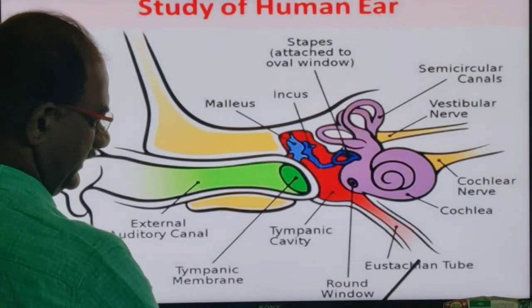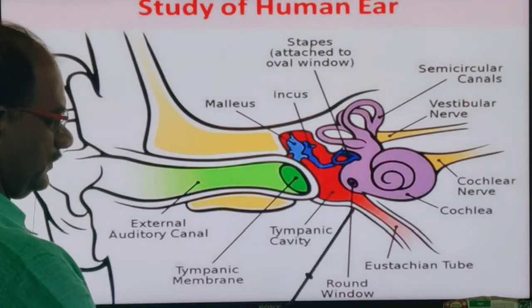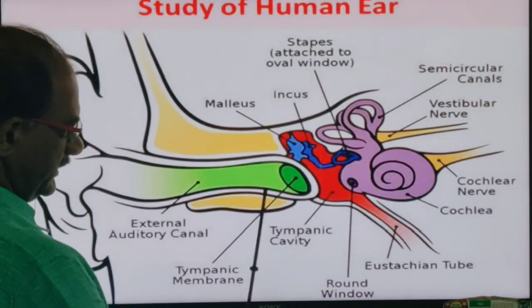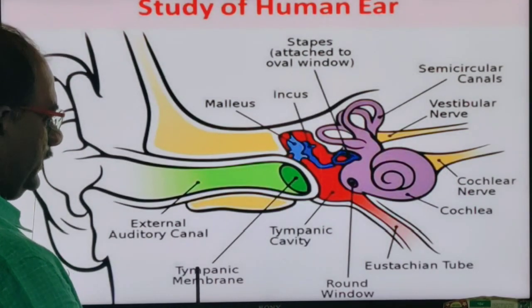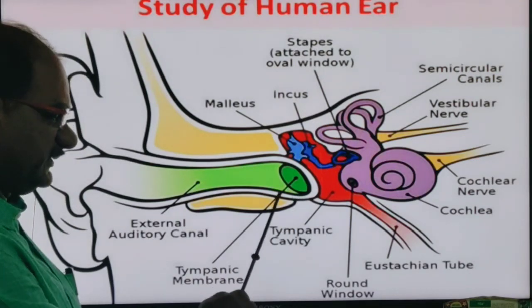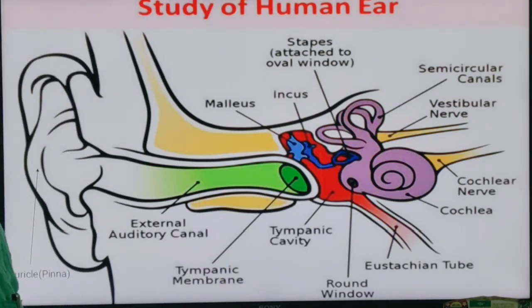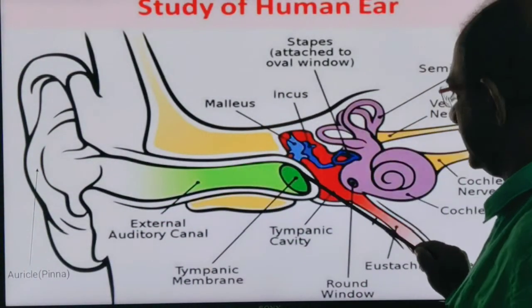And the tympanic cavity as well as the eustachian tube, the auditory tube, are connected to each other with the help of that cavity. Then this middle ear consists of the tympanic membrane. It is also called the eardrum.